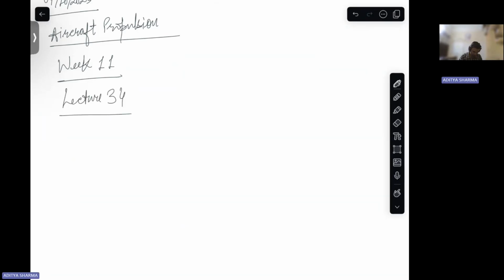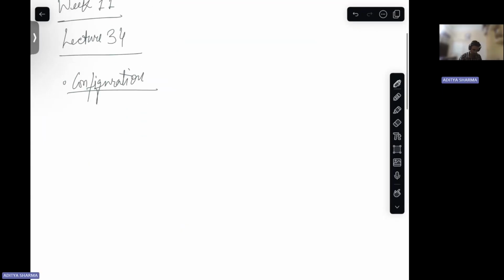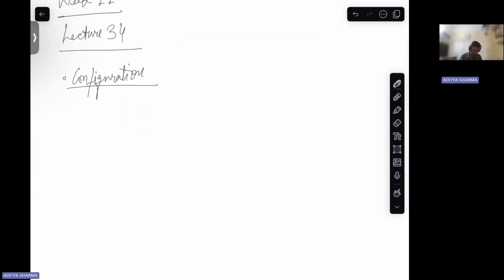This is lecture number 34. Let's see the configuration. If you talk about a single stage of an axial turbine, it will have one nozzle and then one rotor.